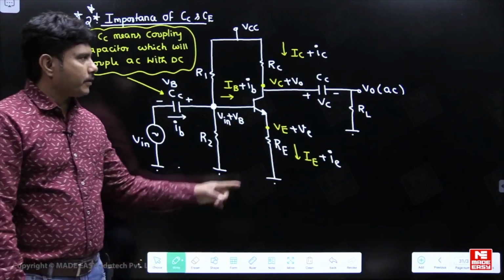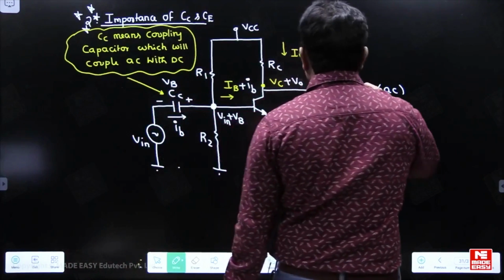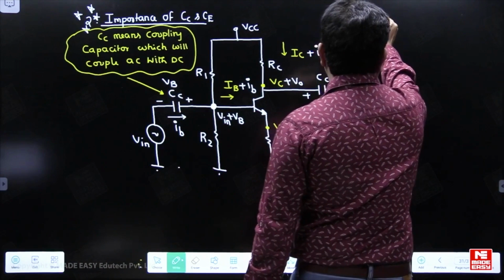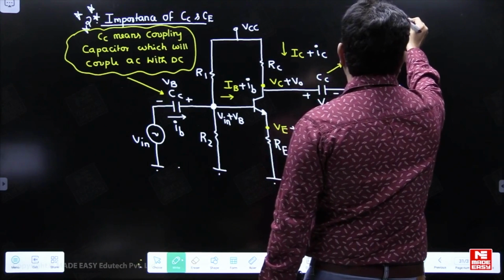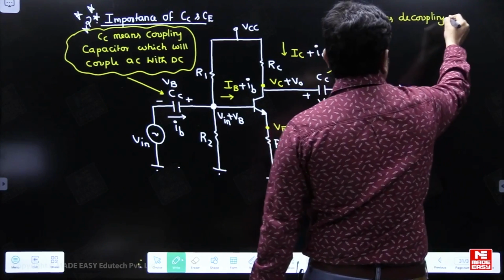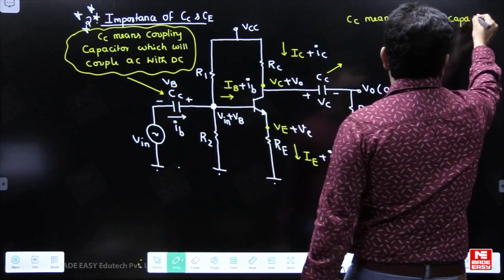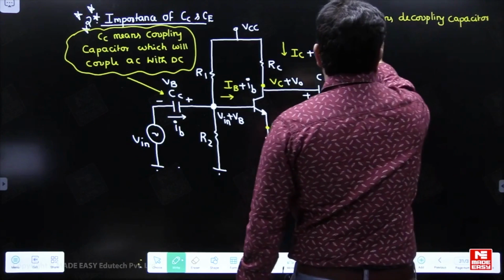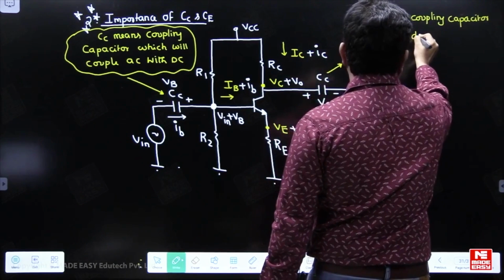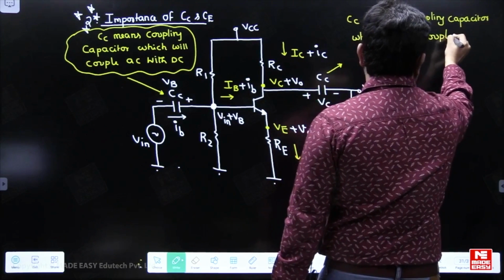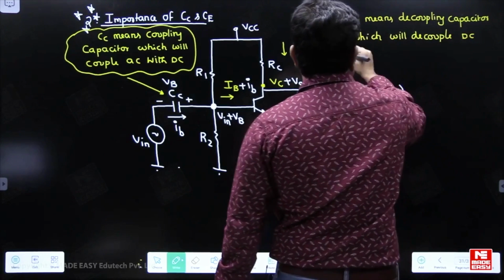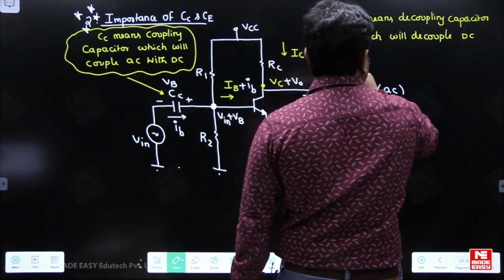Okay. If you come to this capacitor, we call it as CC means decoupling capacitor बोलते हैं. Decoupling capacitor, which will decouple DC with AC.